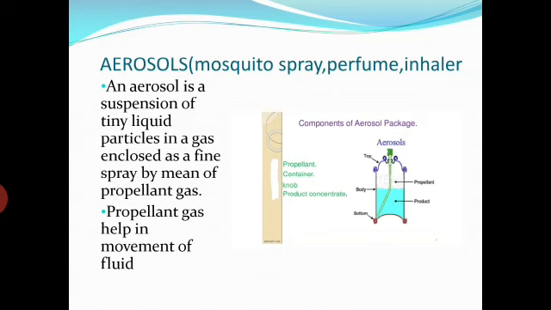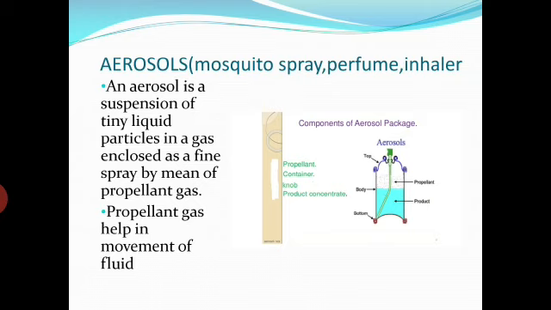I hope that as you know all about gas pressure now, you will easily understand what the mechanism inside is. So let me explain the parts of this can. Looking toward the diagram, we have a can bottle, a container. Inside that you can see the product is there. It can be anything, it can be medicine, it can be spray, right?